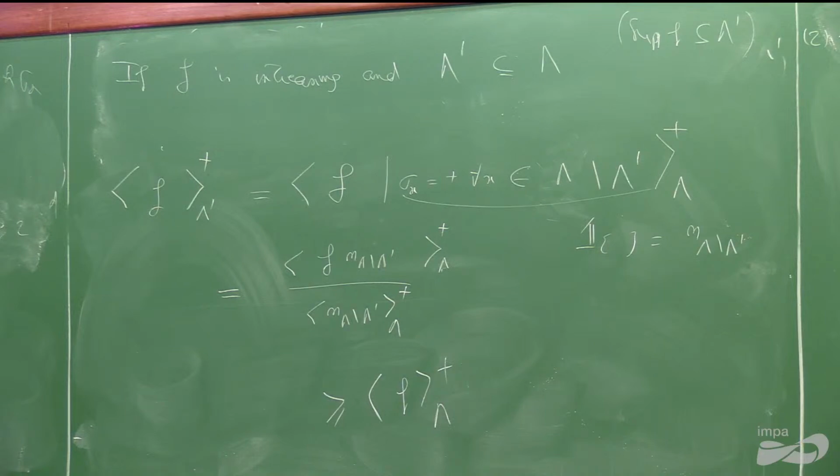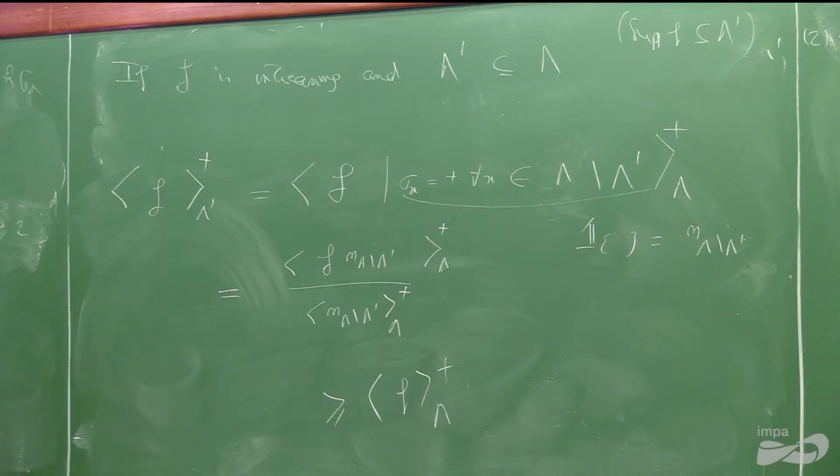Okay? And because we know that we have a base of increasing functions for the set of local functions, from this you get the existence of the plus Gibbs state, and I will come back to this.